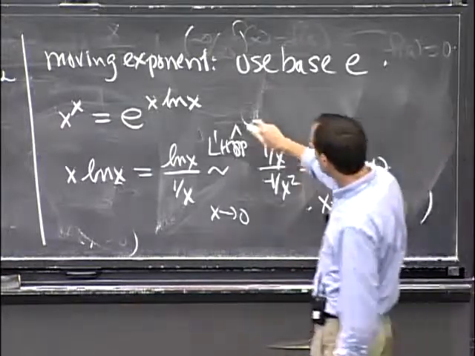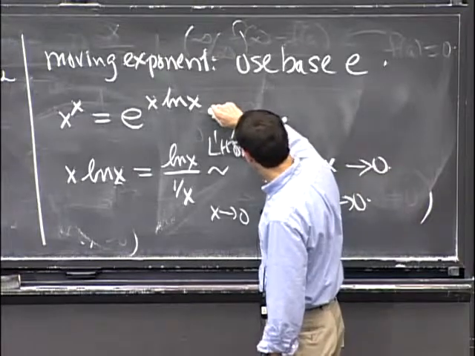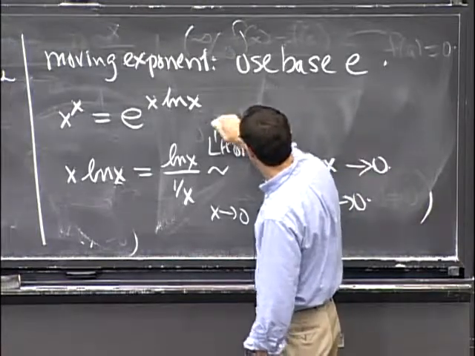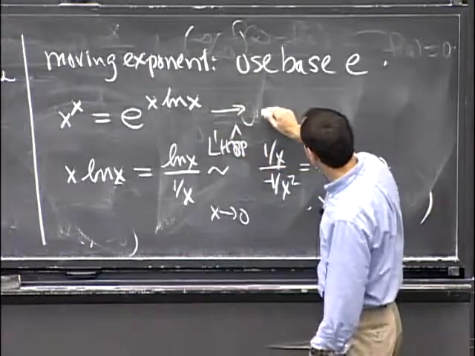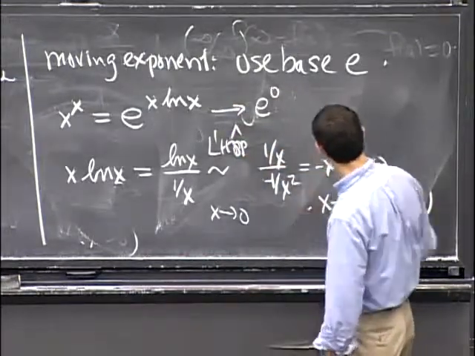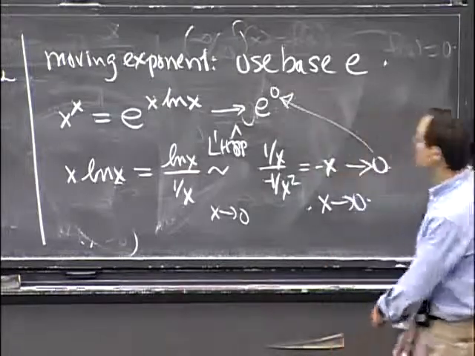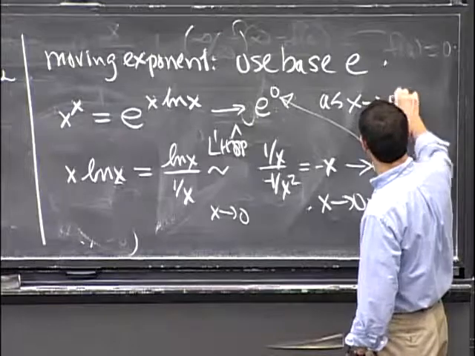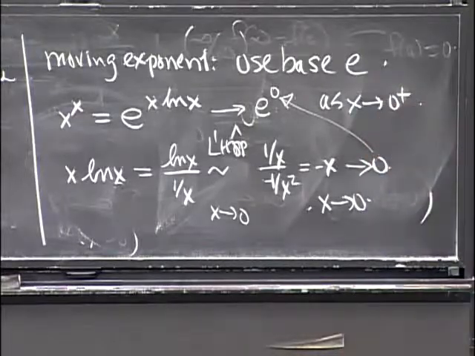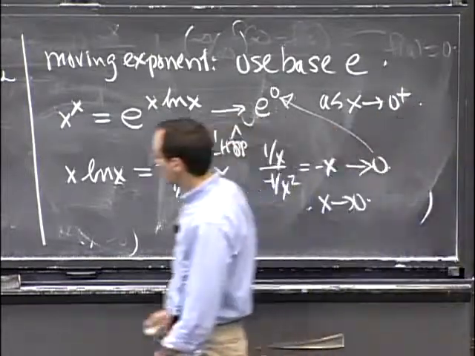And so what we have here is that this one is going to tend to what we got over here. It's e to the 0, right? That exponent is what we want as x goes to 0. All right? So that's the answer. This limit happens to be 1.